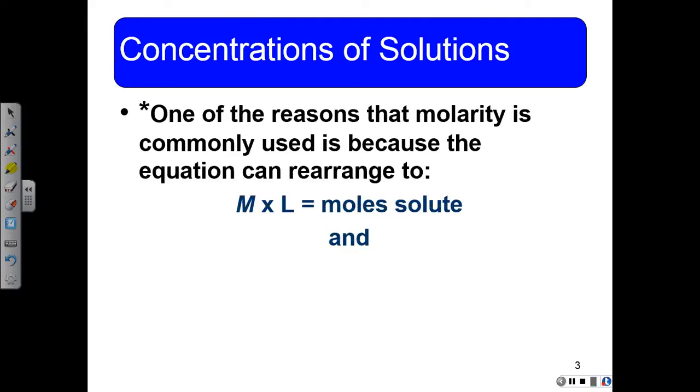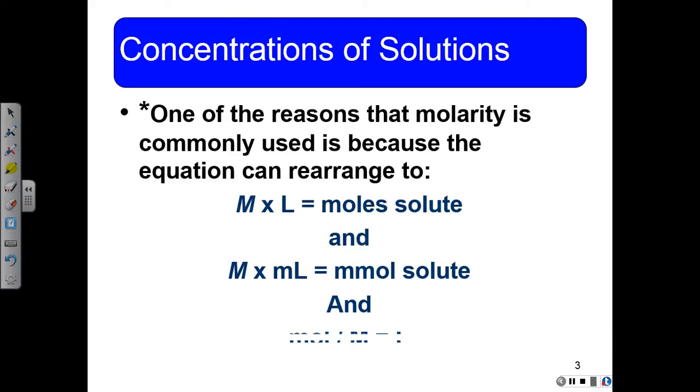Okay, so we've already seen this slide, but here it is again in case. One of the main reasons that molarity is commonly used is because we can rearrange that equation. So if we think about this, molarity equals moles per liter.